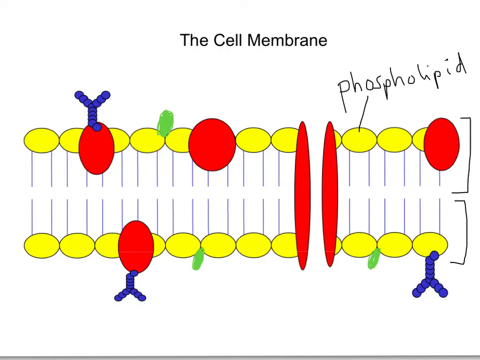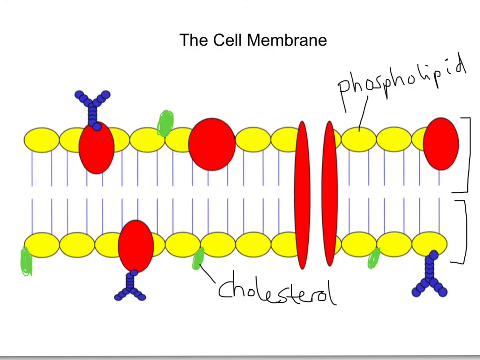So we'll have one there. Let's have a final one just down here. Now these green dots that I've just added, these are cholesterol. Now cholesterol plays a vital role in the cell membrane, which we'll talk about in a moment.